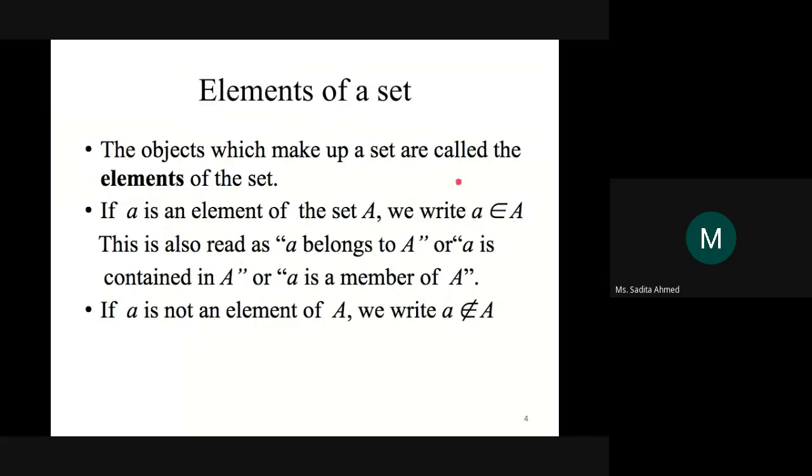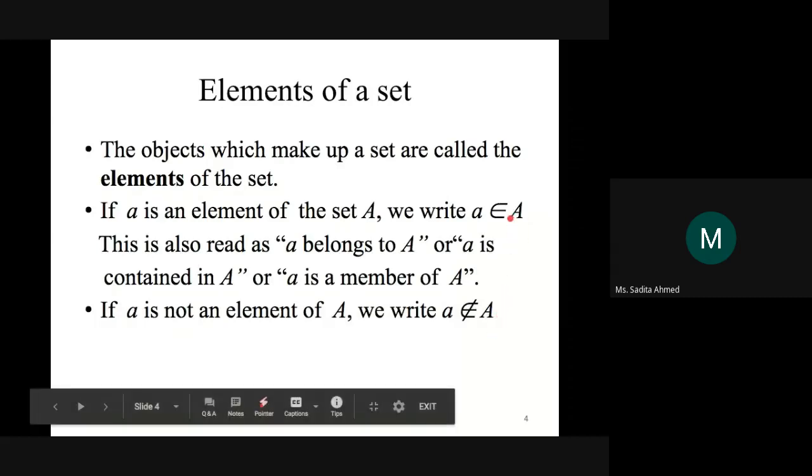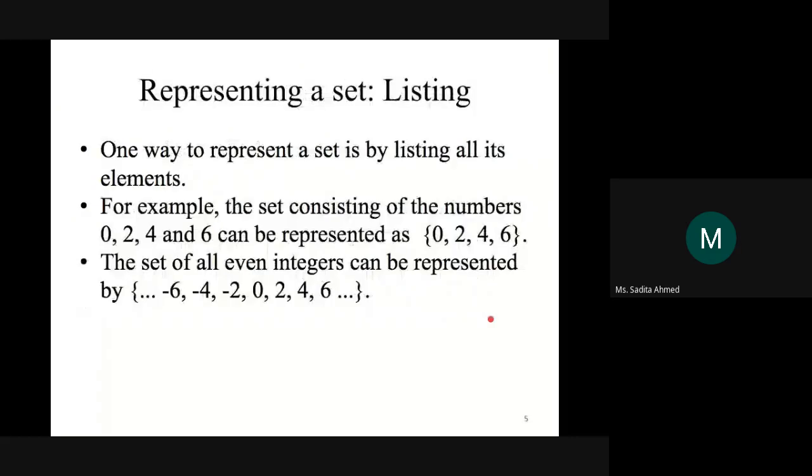Or this a is a member of the set A. If there's a certain object which does not belong to a certain set, we represent that by the same symbol with a hatch across it, or crossed out. The same symbol crossed out represents the fact that a is not an element of the set A, or a does not belong to the set A, or a is not a member of the set A. All right. So that is how we represent the idea of an element of a set.